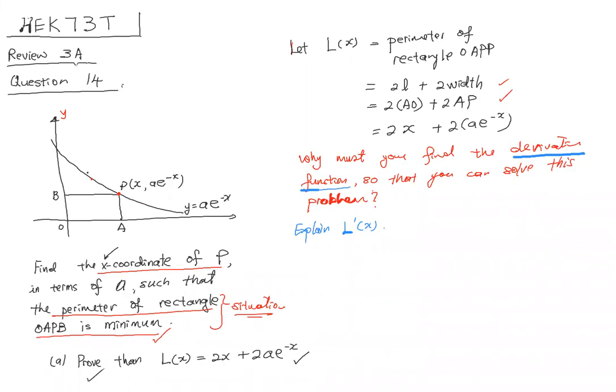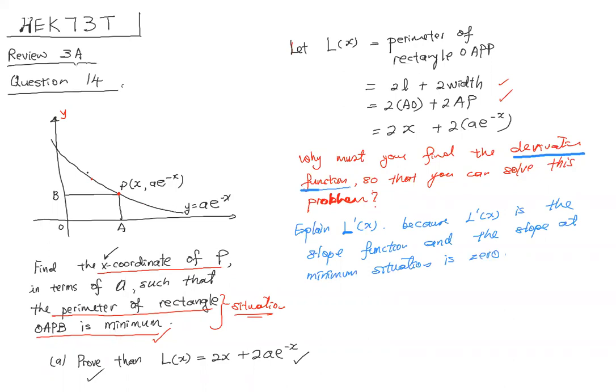Yes, because you are right. Now you know, because L prime x is the slope function, and the slope at minimum situation is 0.